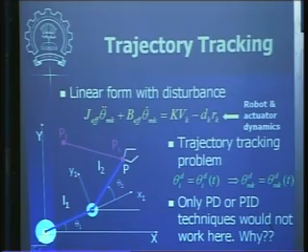Can you think about why it will not work? Just think about why it will not work. In general, these regulation control algorithms, PD and PID, will not work here for the tracking case.